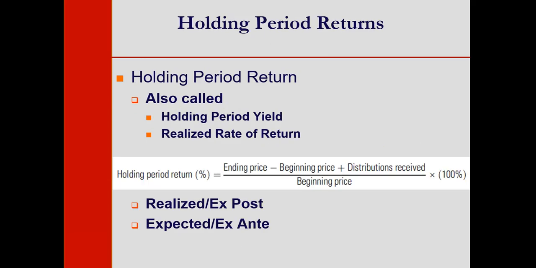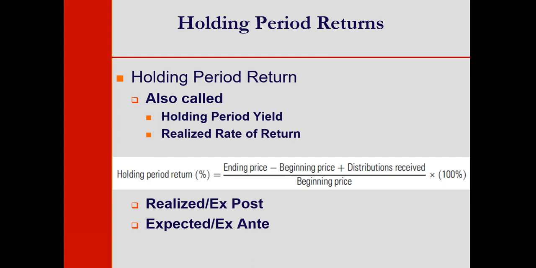Okay. Now, holding period return. Holding period return is the return made during the time period for which you hold a security. It consists of two components. One is the price change, and the second is any distribution, such as dividends, that you have received from that firm.